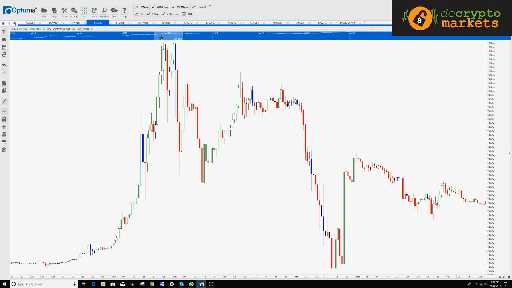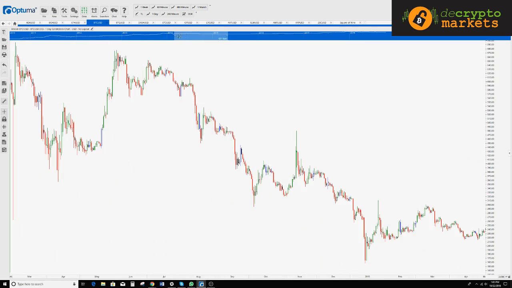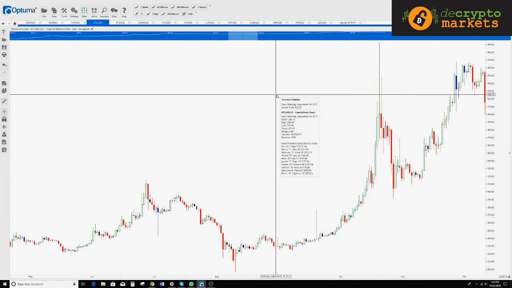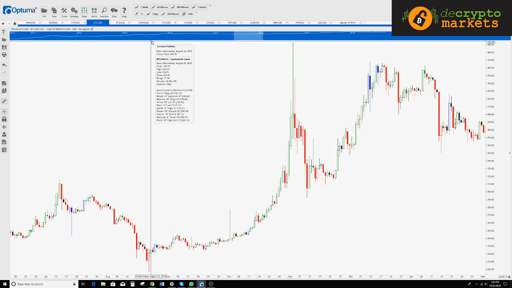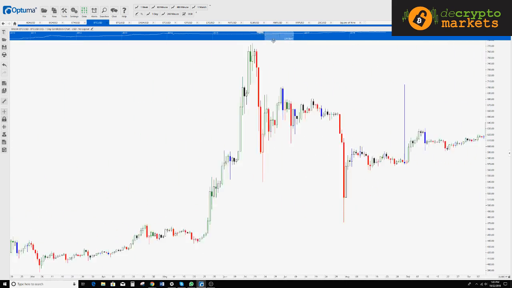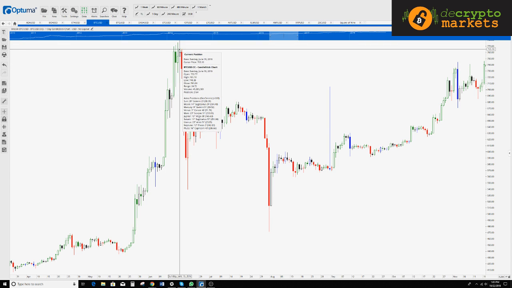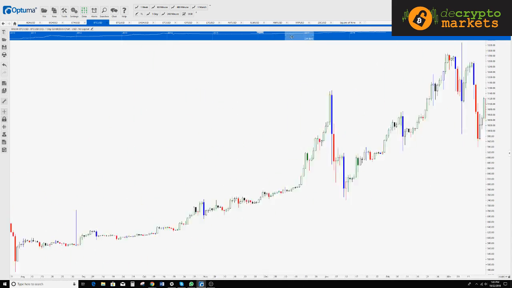Now, 2014, very interesting. Huge drop down, followed by the longest period of consolidation that we had prior to the next larger breakout zone, which was probably over here in late 2015. And then we just had an expansive market that went on for quite a while. So that was back in 2015, 2016, that pattern.